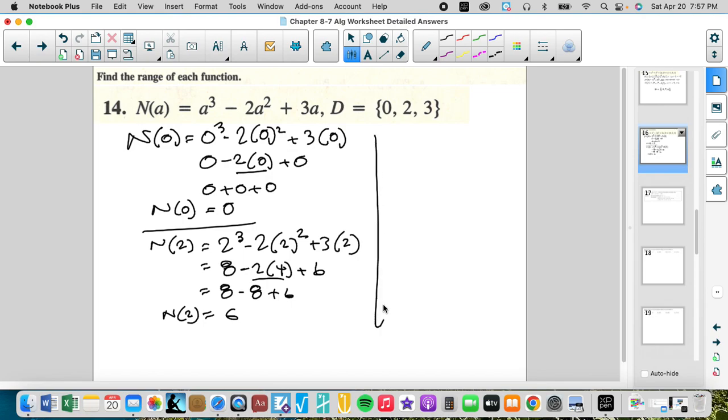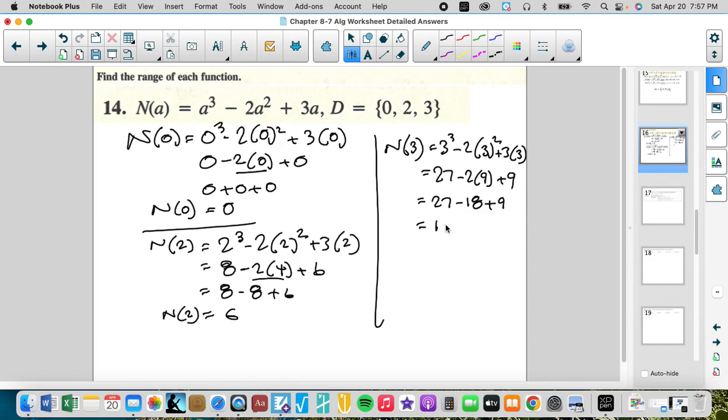Let's do n of 3 equals 3 cubed minus 2 times 3 squared plus 3 times 3, which equals 27 minus 2 times 9 plus 9, which equals 27 minus 18 plus 9, which equals 18.